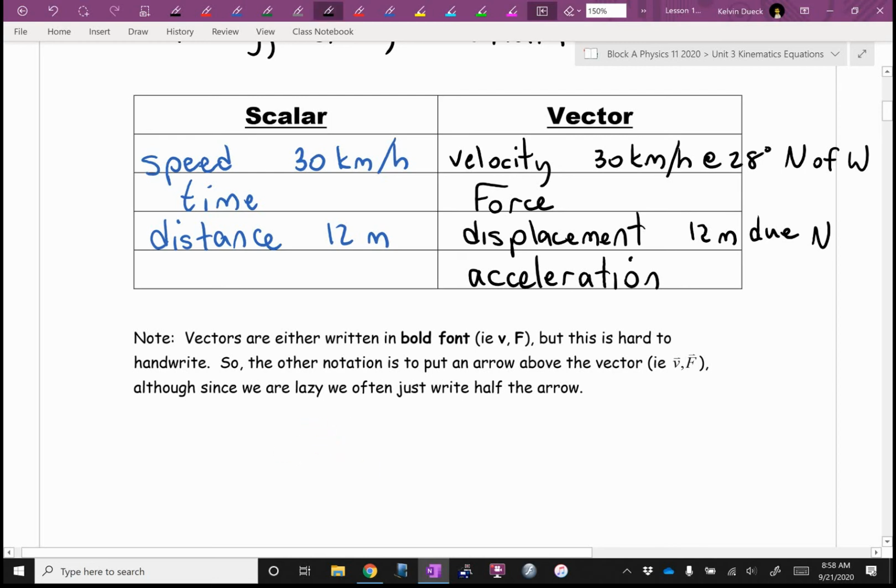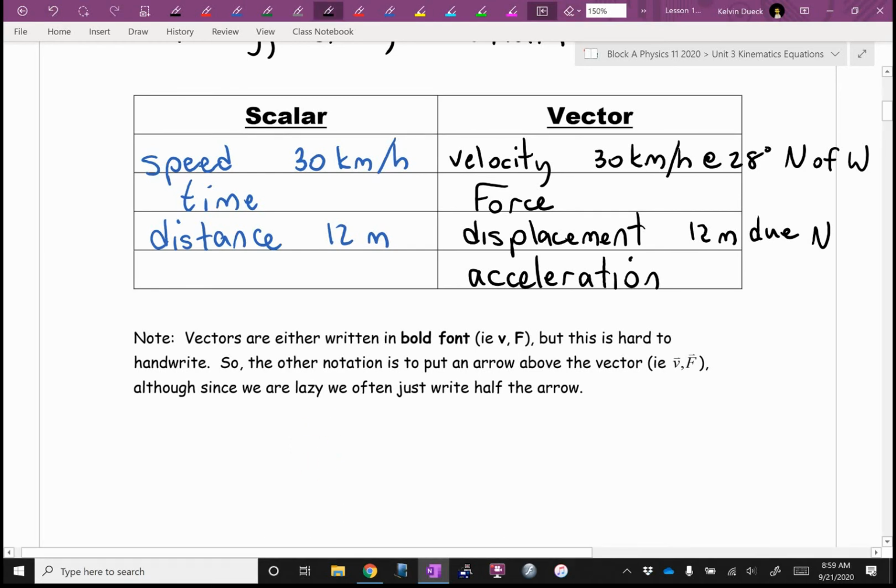Doesn't work well, and especially on my tablet, when I scribble back and forth, it tends to erase things. So when we handwrite a vector, the other preferred notation is we put an arrow above it to show it has direction. But Owen, over the years, we've gotten lazy and we only put the top part of the arrow. We don't actually even bother putting the bottom part of the arrow in. It's just we've gotten lazy over the years.